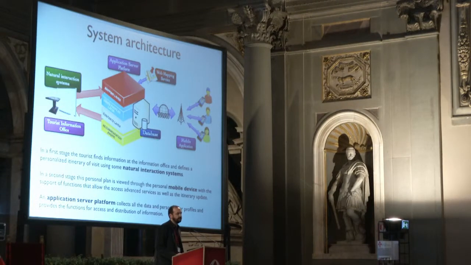The architecture of this system is here. You can see. So the first stage of this experience is that inside the tourism information office, people can interact with these devices that I will show you later. With these devices, they can decide what places to visit all over the town. So they can create a profile of interest, and after that they can save this profile of interest in their smartphone.